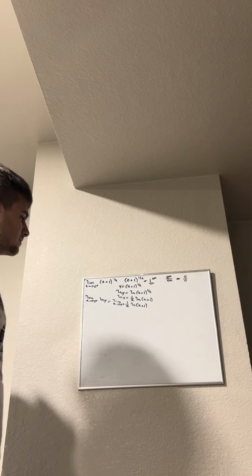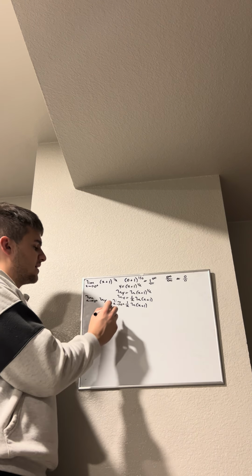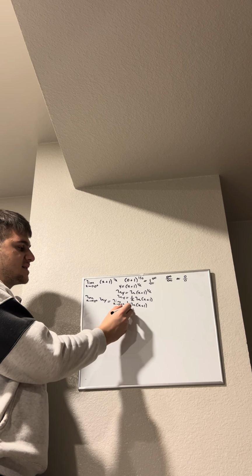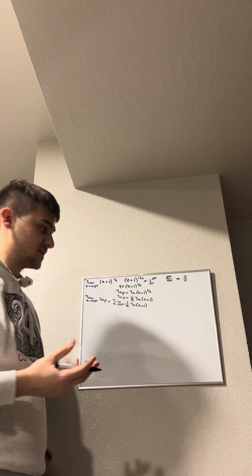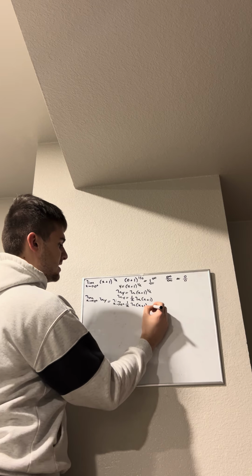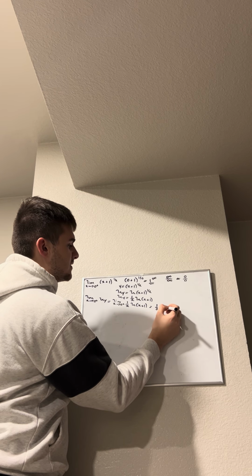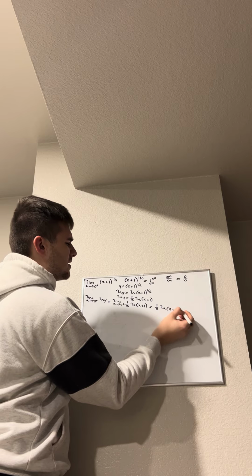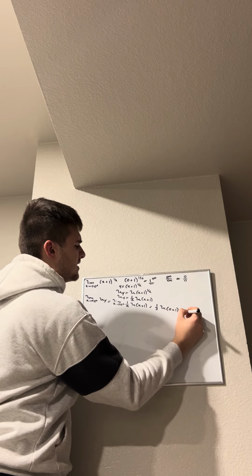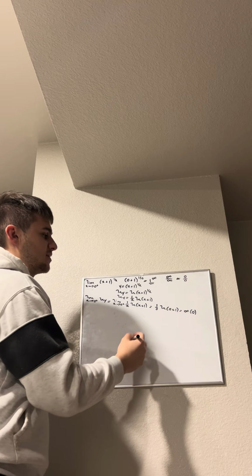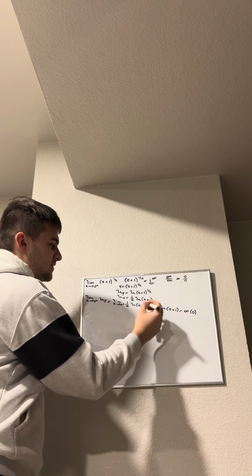Now we can apply the limit value inside the function to see if this is an indeterminate form or not. We have 1 over 0 times ln of (0 + 1), which would be infinity times 0, because ln of 1 is just 0 and 1 over 0 equals infinity.